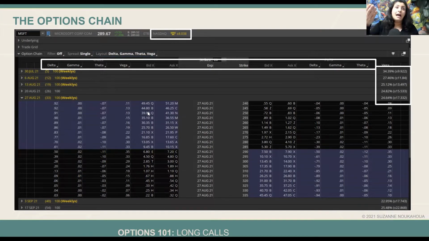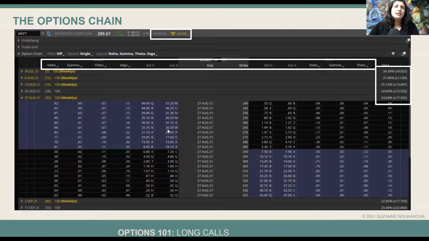Like if you could buy something at $15 or $20 or $30 below the current value, that would obviously be in your favor. But it does come with a caveat: the deeper in the money you go, the more expensive the contract gets.